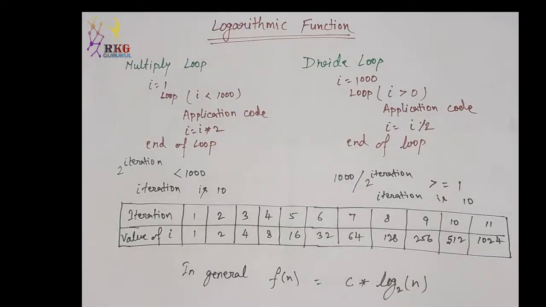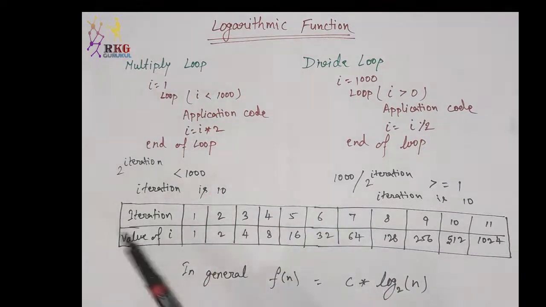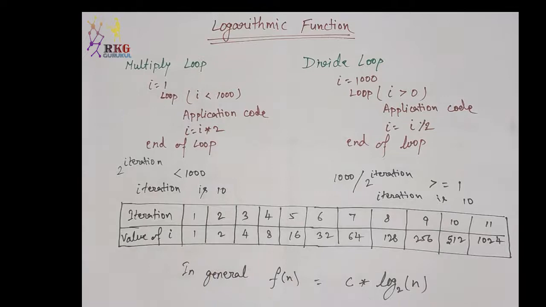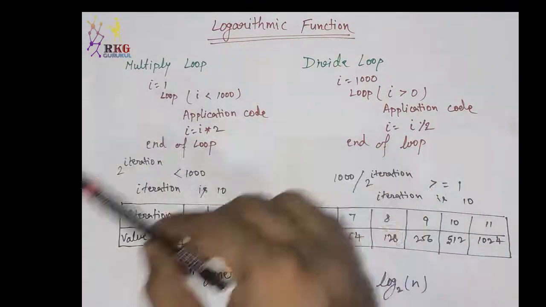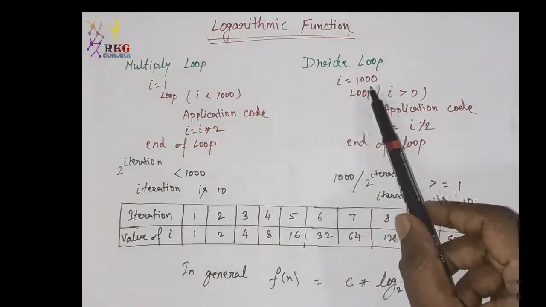So let's take another example. In this example, I have taken the same function with a little change. I is equal to 1 to 1000, and this time I is going to change by I is equal to I into 2. That is a multiply loop.